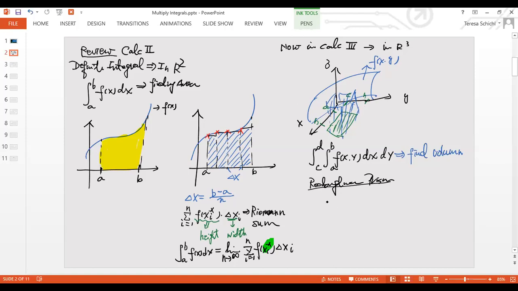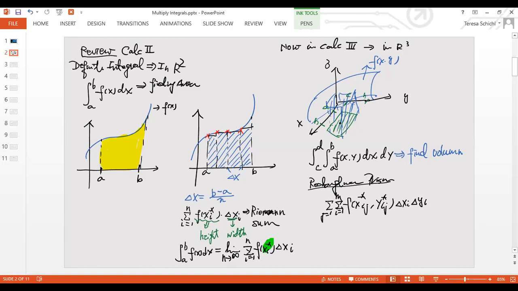So you will have the summation of f of xij star, yij star, times delta xi and delta yj, where i is from 1 to m and j is from 1 to n.